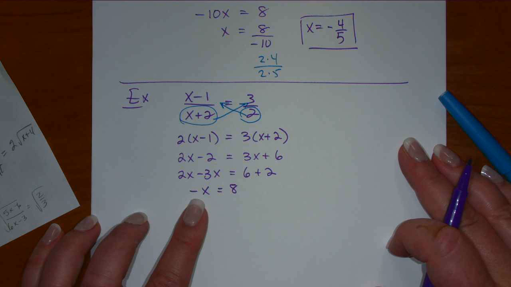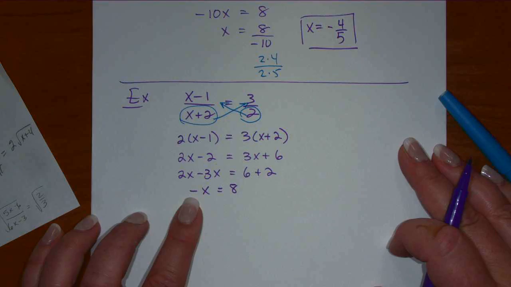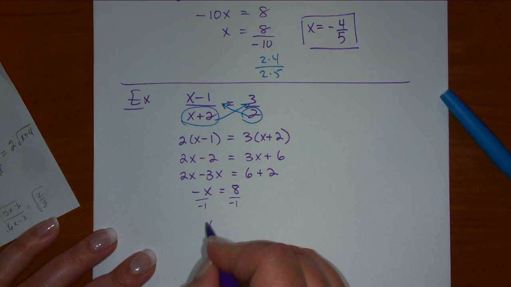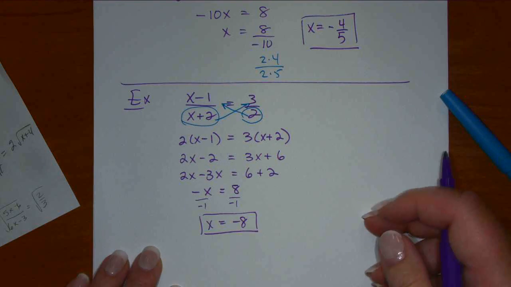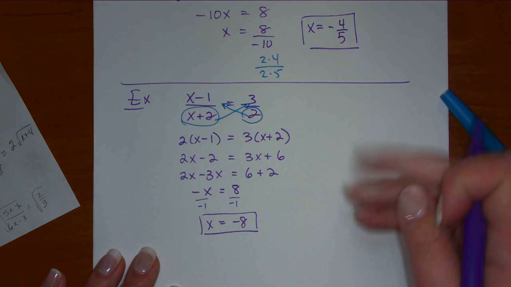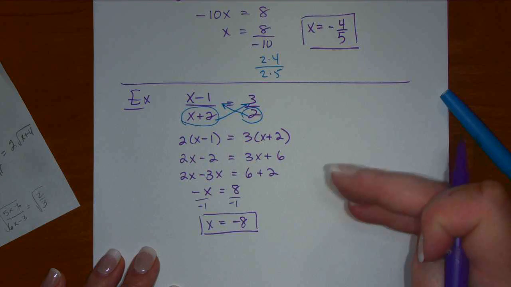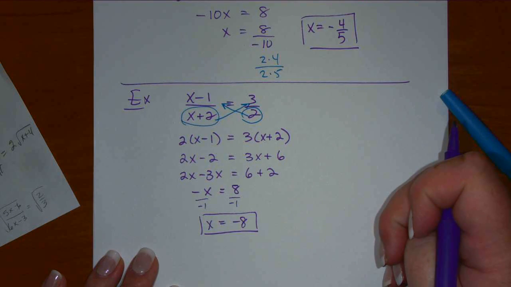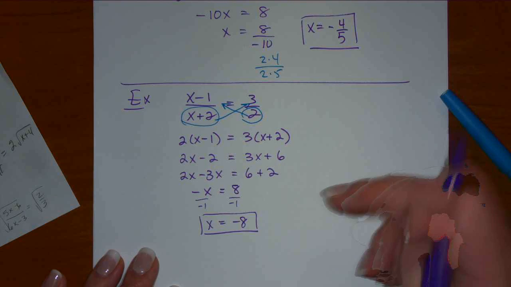You have to change the signs or divide by -1, because that's a -1 in front of the x. Eight over -1 is also not an answer. You don't leave an answer with a divided by 1. What would happen when you subtract your x's and get 0? Oh, then you would write no solution.